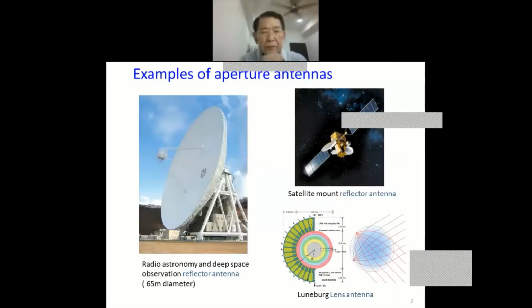So this is an example of an aperture antenna. On the left side is a very large reflector antenna. The diameter of this reflector is 65 meters, very large.